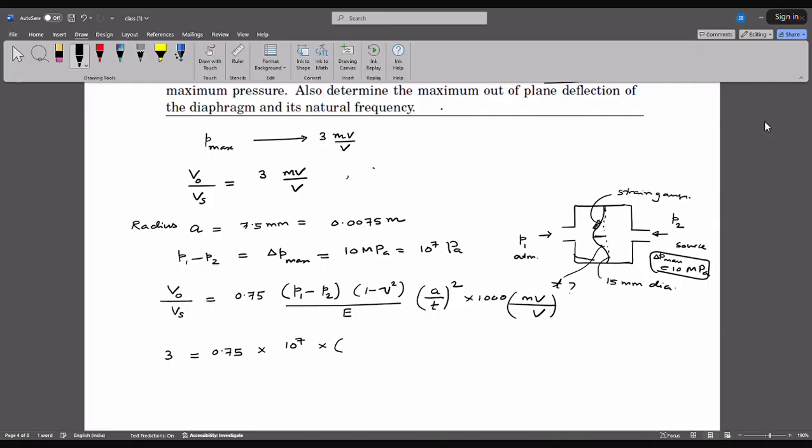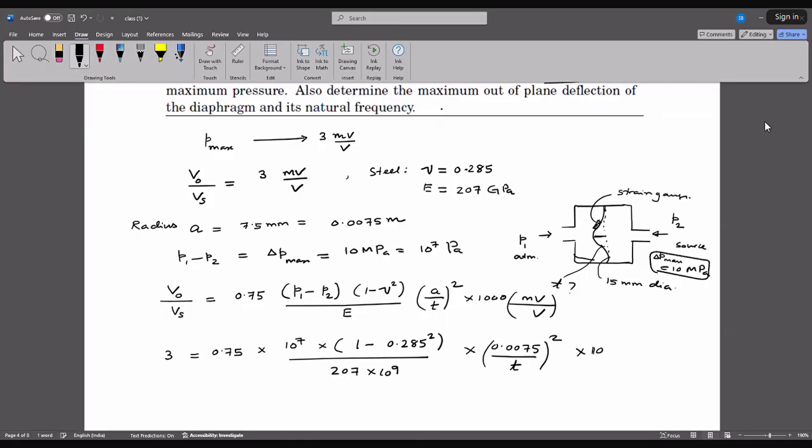For steel, the Poisson's ratio is typically 0.285, so it will be 1 minus 0.285 squared. And the Young's modulus of elasticity of steel is 207 gigapascal, from the previous problem. A is 0.0075 squared, into 1000.